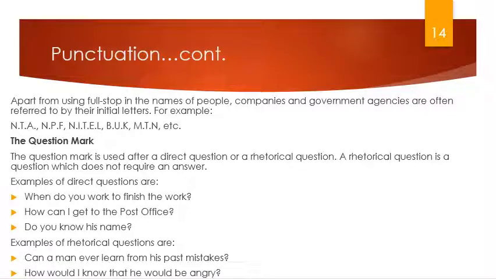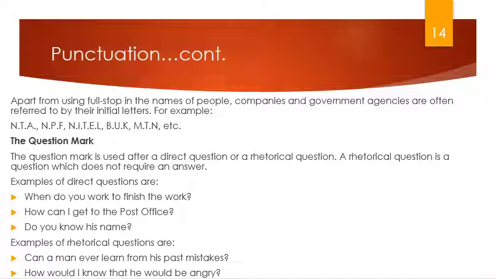Apart from using a full stop in the names of people, that is when you are abbreviating names of people like Al-Haji, Prof., Doctor, a full stop is also used in companies and government agencies when they are referred to by their initials, that is acronyms.